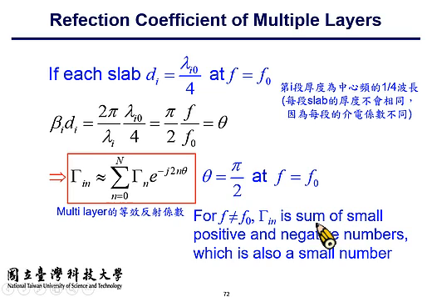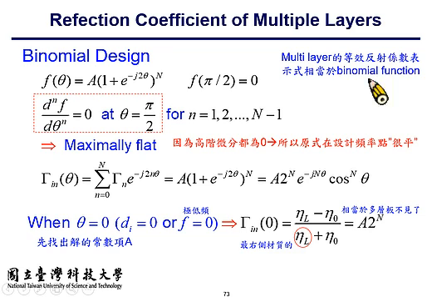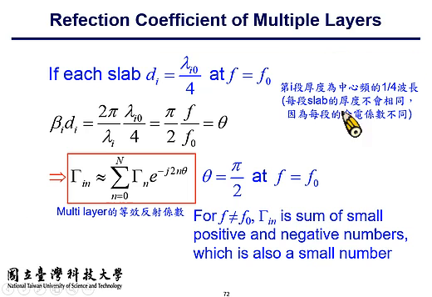So the total sum of the reflection coefficient is still a small number. And to accomplish it, you can do the so-called binomial design or Chebyshev design, as you've seen in filter designs.